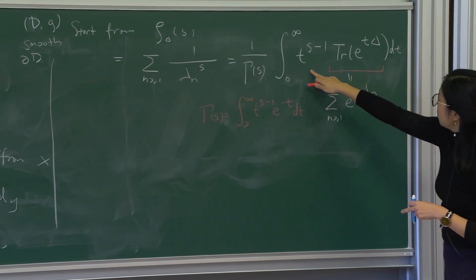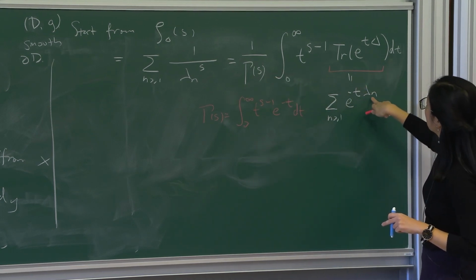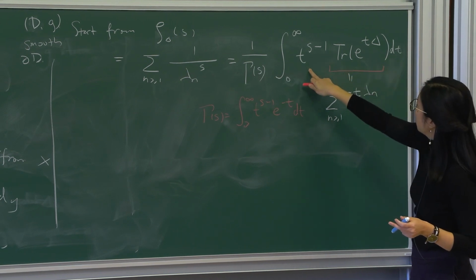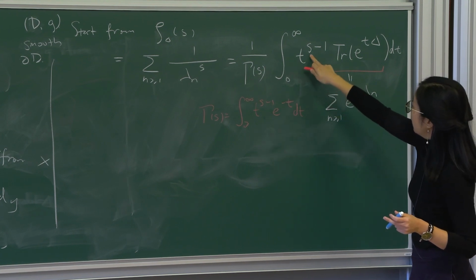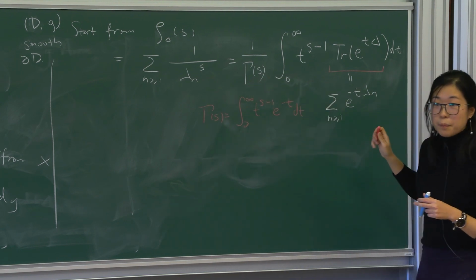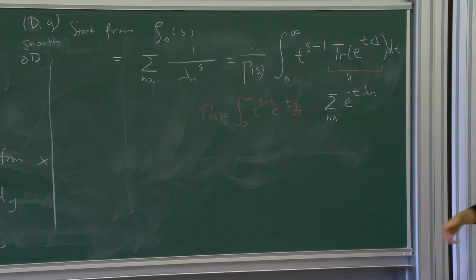If you want to compute this integral without the gamma term, you have to do a change of variable, and the change of variable will give you the power. You will see this lambda to the power s coming from the change of variable.